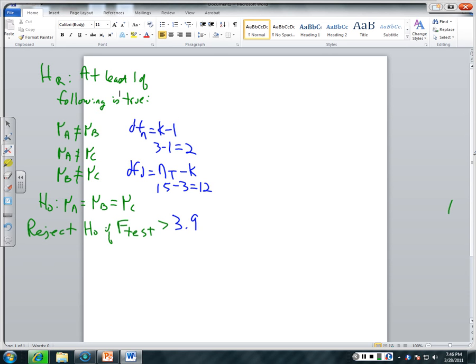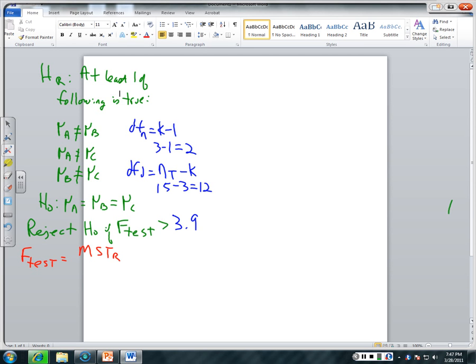The F test is equal to what's called the mean square treatment, which is just going to be the difference between those means, between the 10, 15, and 20. By the way, in this particular set of problems, remember we had means of 10, 15, and 20 in the first one, and 10, 15, and 20 in the second one.